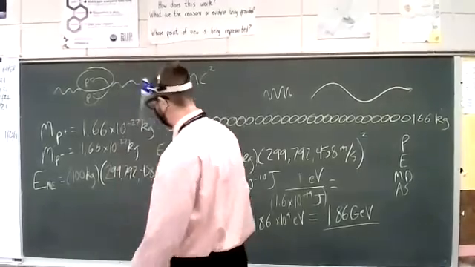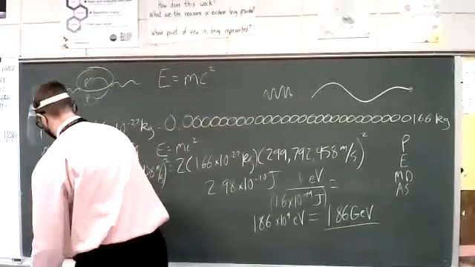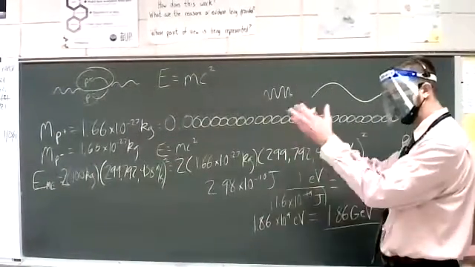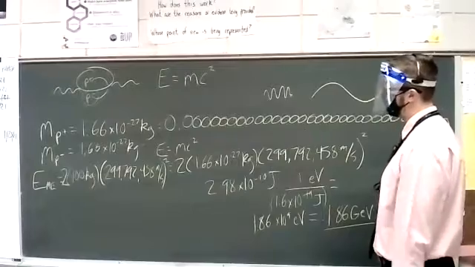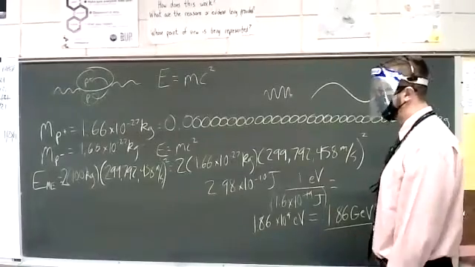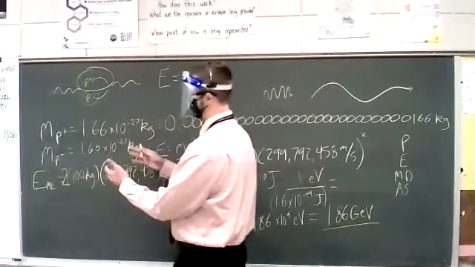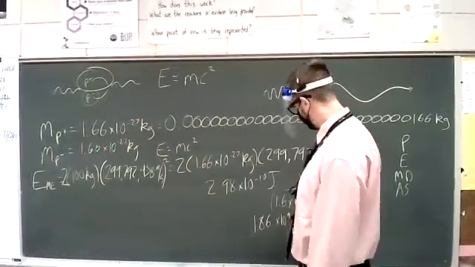Don't forget the square. And don't forget to double it, right? Because it's an anti, so there's also 100 kilograms of anti-me out there. Hypothetically speaking.